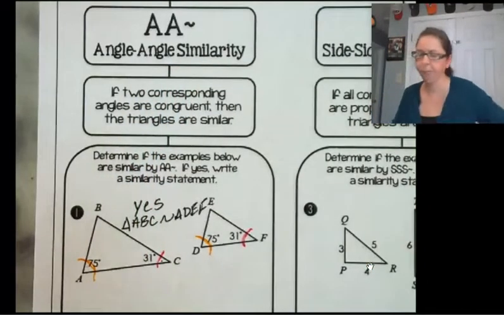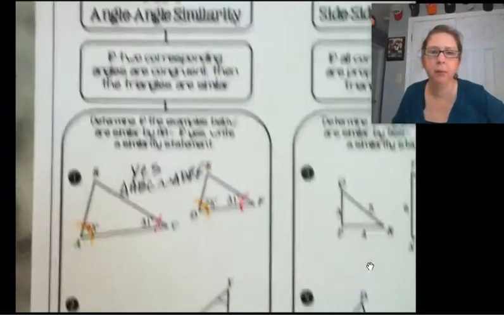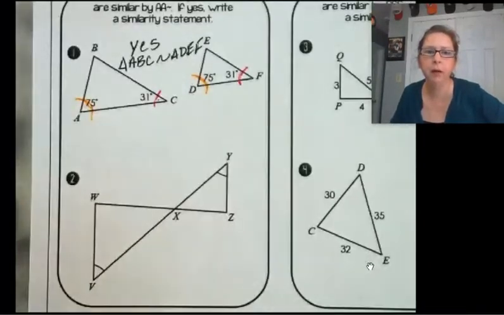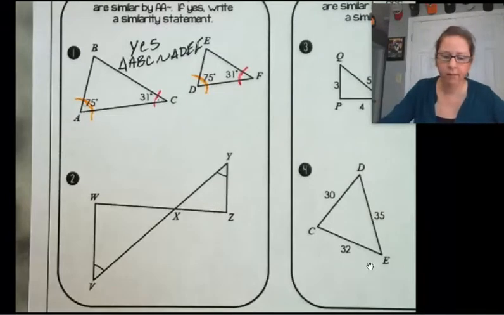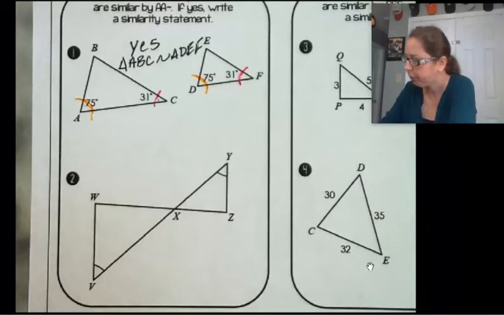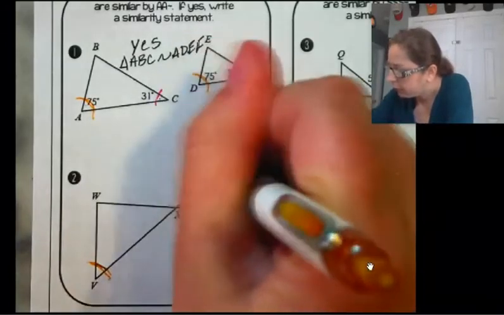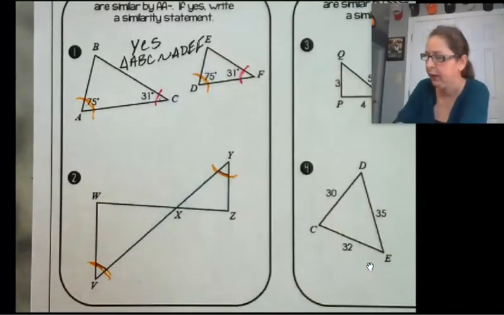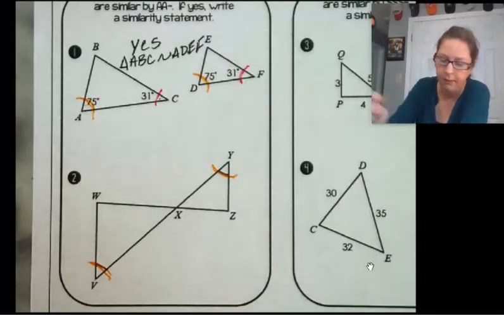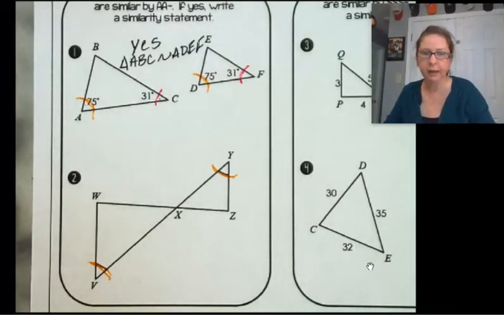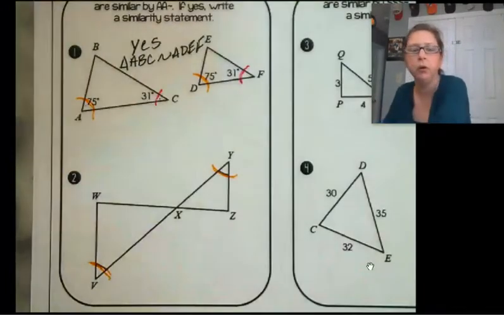All right. Let's look at example number 2. For example 2, they only listed one set of angles for me. They listed V and Y. Is there another pair of angles that I know in this situation are congruent?